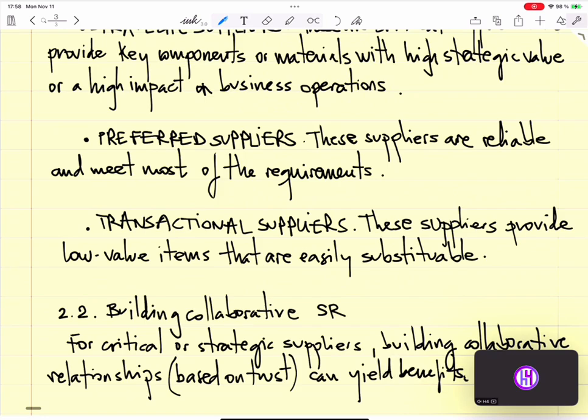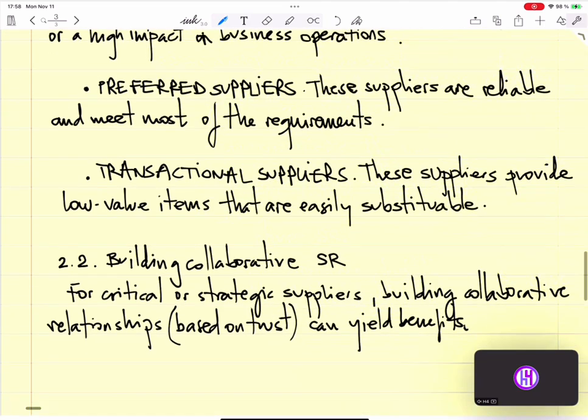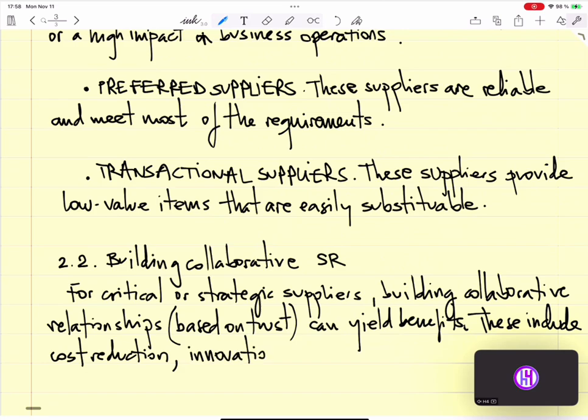Think about the relationship that Bosch has with BMW, with Mercedes, okay? These include cost cutting, innovation, and share risk.